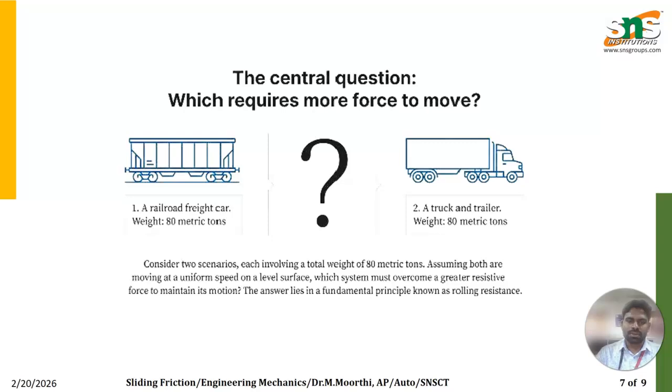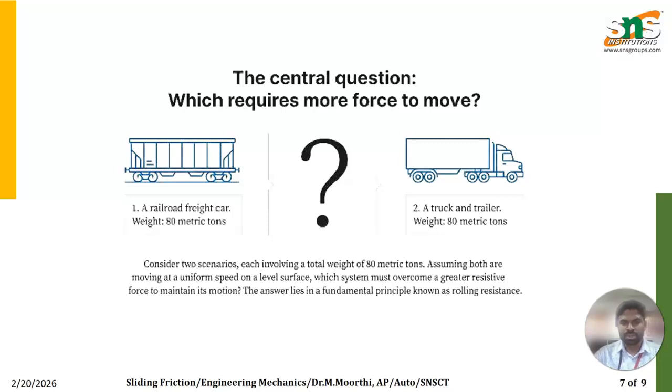This is the general question that comes to our mind with lifting mechanisms, which require more force to move. We have two applications. In the first one, a railroad car with 80 metric tons. In the second one, a truck or trailer with 80 metric tons. Consider these two situations, case 1 and case 2, both having a uniform weight of 80 metric tons and moving at a uniform speed on a level surface.